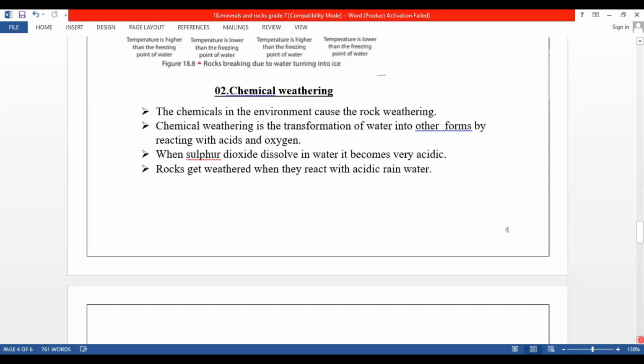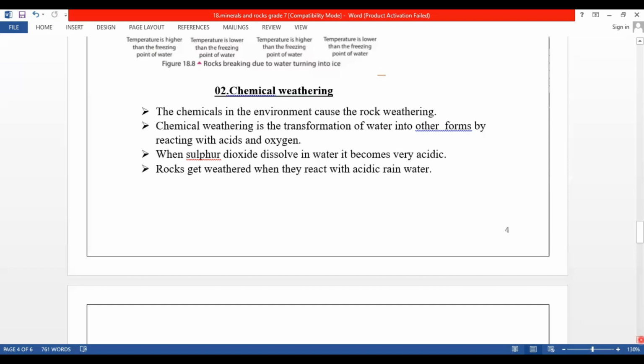When sulfur dioxide dissolves in water, it becomes very acidic. Then rocks get weathered when they react with acidic rainwater. That is the chemical weathering. That means water is transformed into acidic water. Water is transformed into acidic water due to the dissolution of acids in the rainwater.